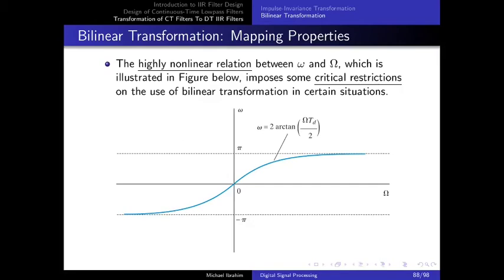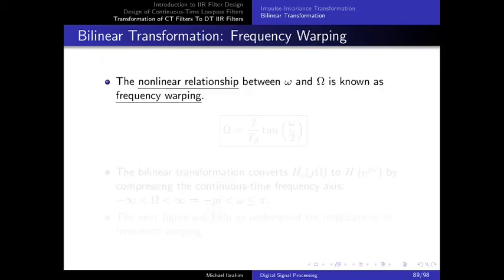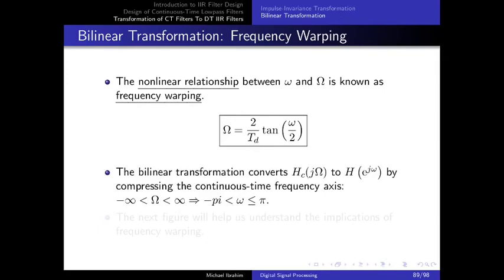So we have a tan minus 1 relation between lowercase omega and uppercase omega, and this nonlinear relationship is known as frequency warping, which basically means that the bilinear transformation converts the continuous time transfer function into a discrete time transfer function by compressing the continuous time frequency range, which goes from minus infinity to positive infinity, onto the unit circle, which goes from minus pi to pi.